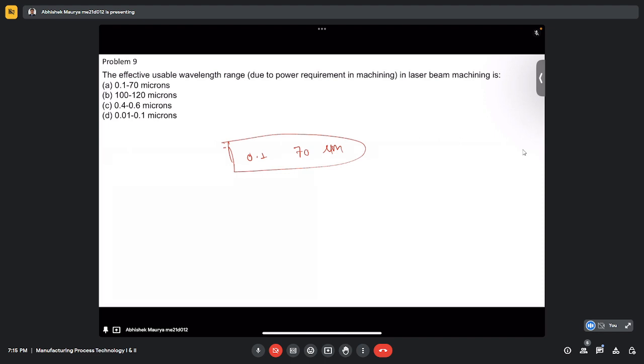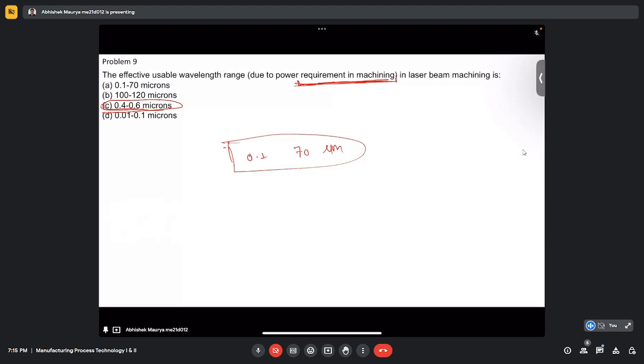But here we are talking specifically about machining. For machining, only very specific or narrower ranges are available which can be used for the laser, and that has been found to be 0.4 to 0.6 micron.